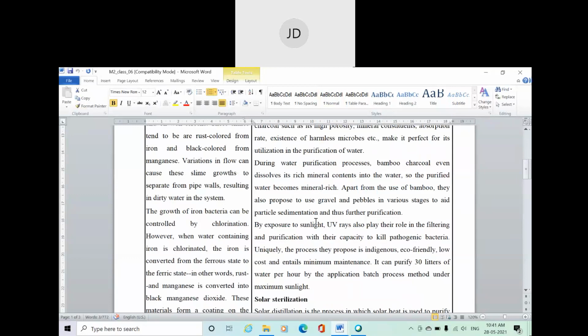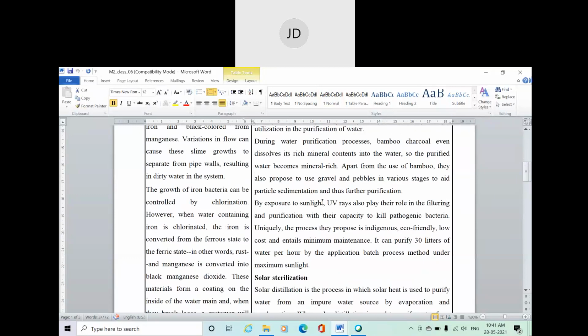Like I already told you, we have already discussed UV rays. By exposing water to sunlight, UV rays play a very important role in filtering and purifying the water by killing pathogenic bacteria.